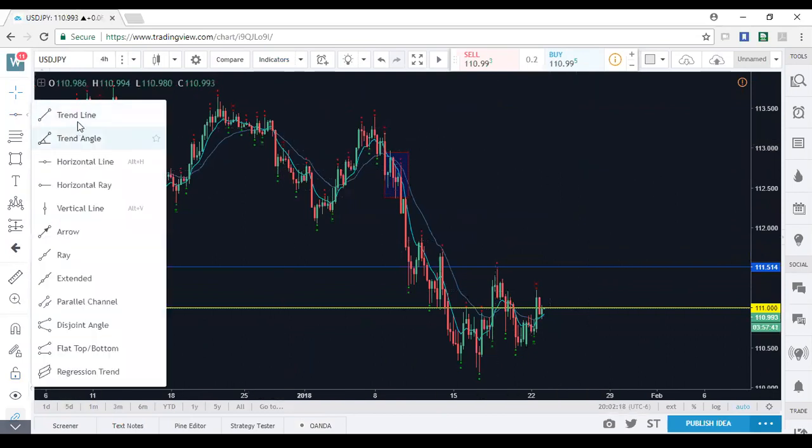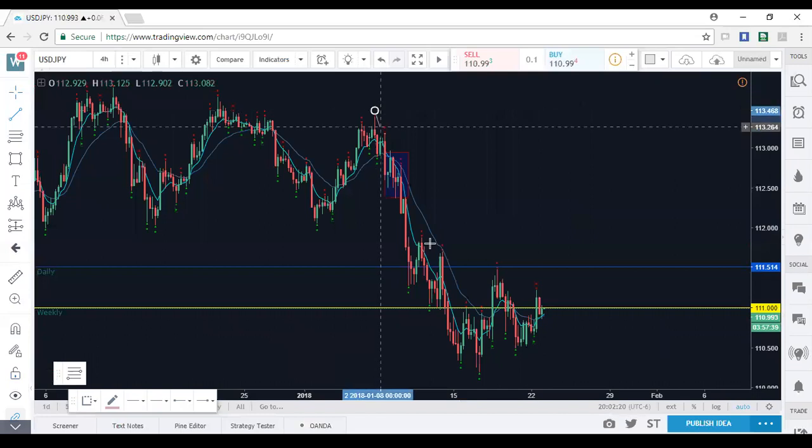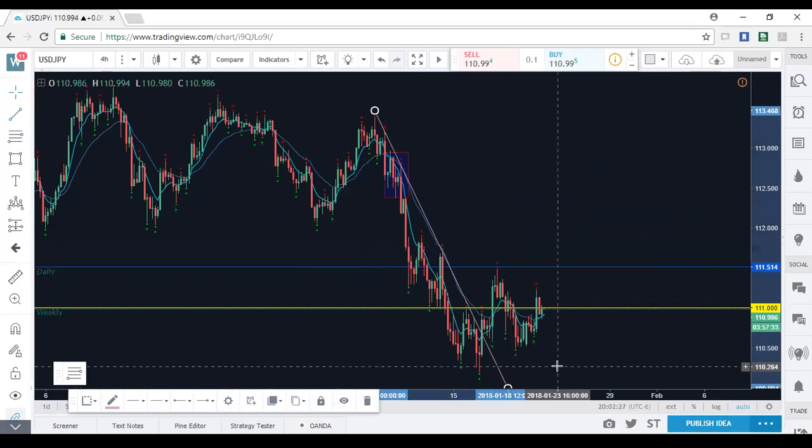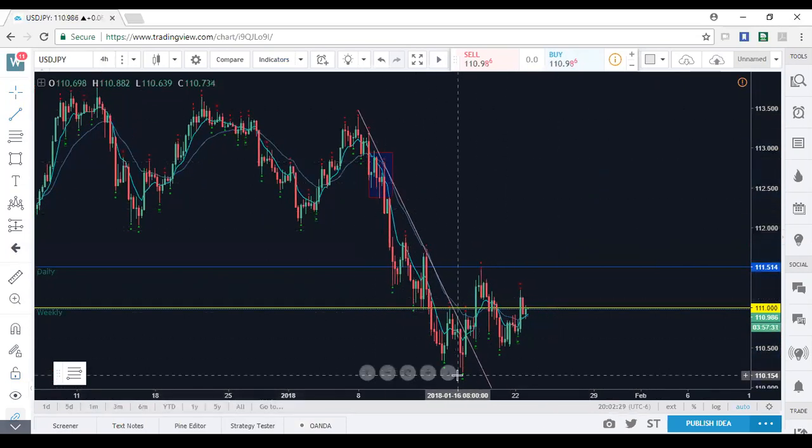This is when we can place our trend lines. And then this is your trend line break, met with your moving average crossover, right?